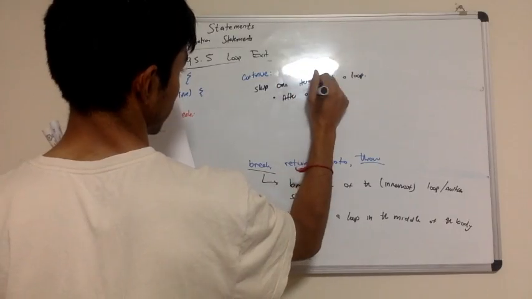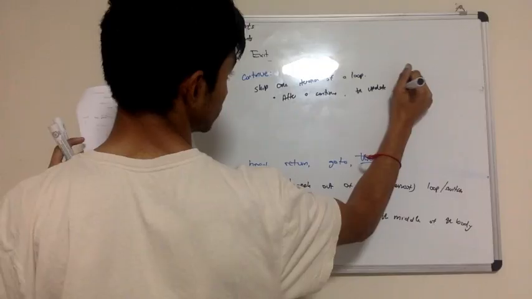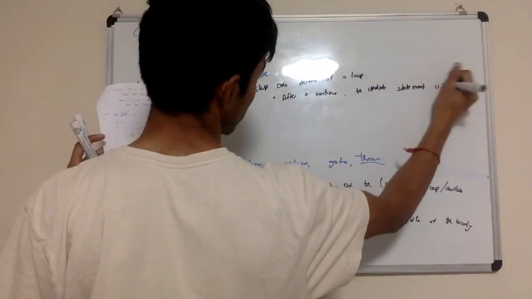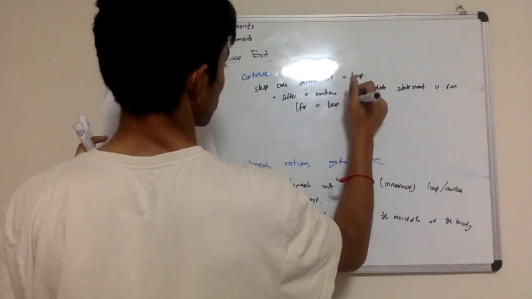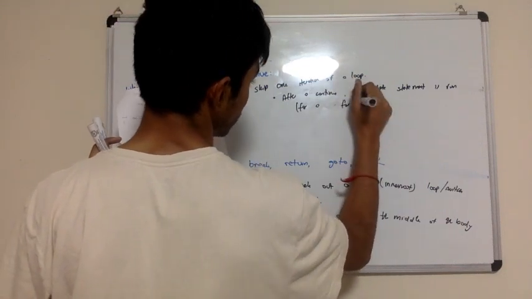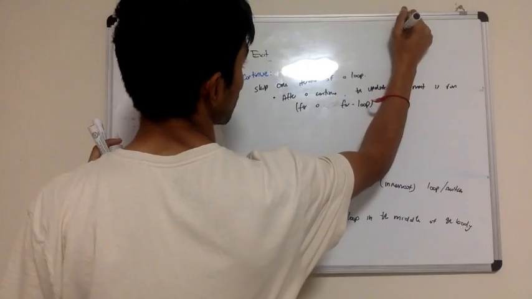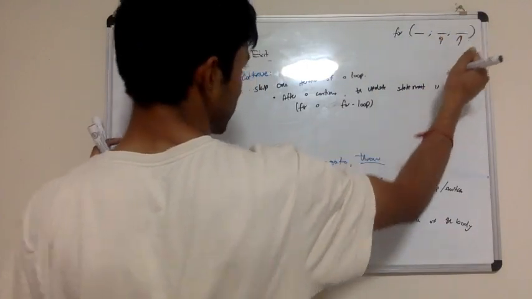After a continue, the update statement is run for a for loop specifically, right? Because then the for loop has the update statement. So when I say for a for loop, I mean for this semicolon, this is the condition and this is the update statement.